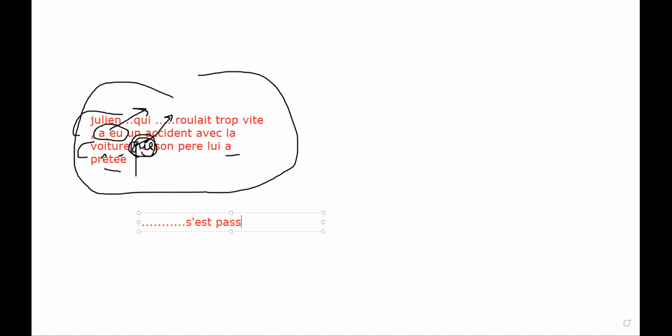Ce qui s'est passé et ne se rappelle pas vraiment de ce qu'il a fait. I can say this, and we can work on the pattern. I will explain to you what that is. Ce qui s'est passé et ne se rappelle pas vraiment de ce qu'il a fait.